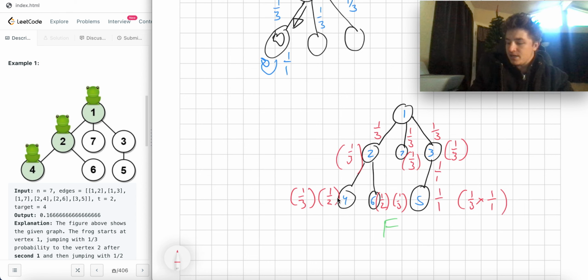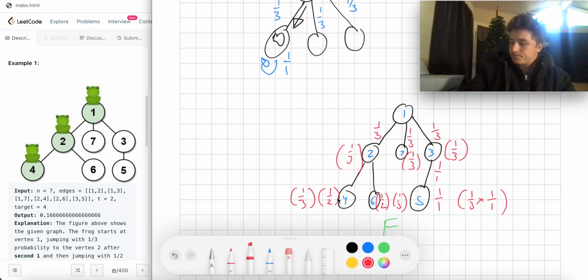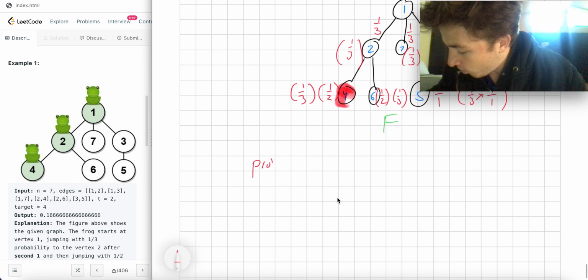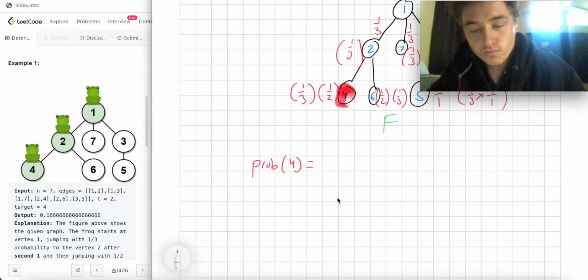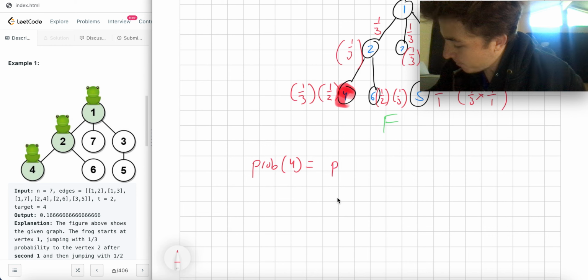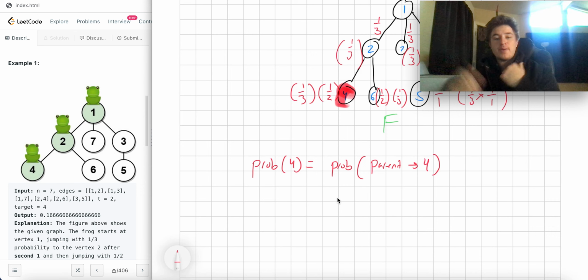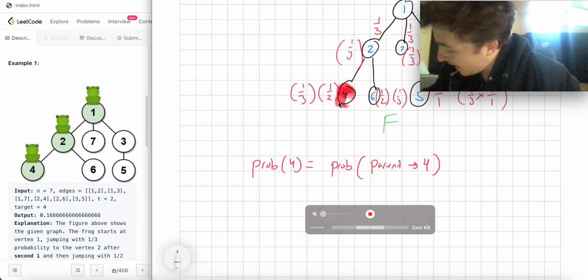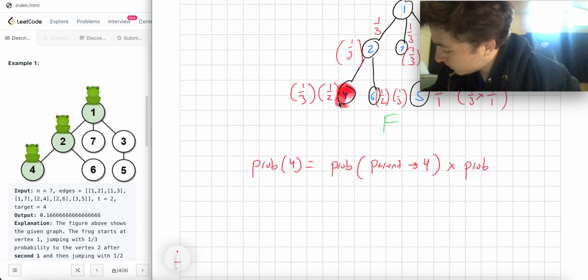The probability that I would get to 4, right? The probability of 4 equals the probability that I'd go from the parent to 4, right? The probability that I go from the parent and use this length times the probability that I'd get to the parent, right?